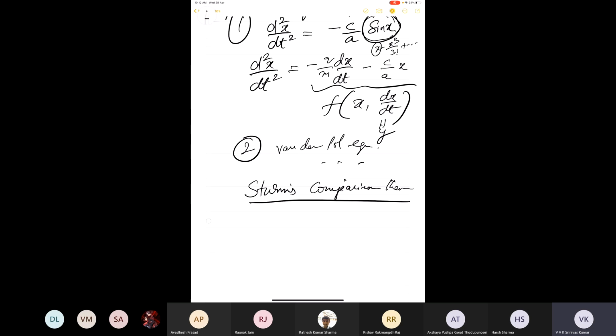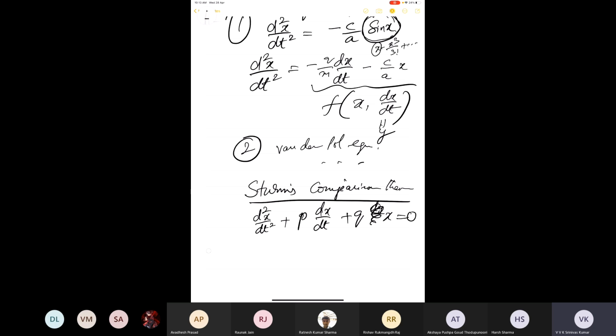These are comparing the solutions of, if we have a second order differential equation, d square x upon dt square plus p times dx upon dt plus q times x is equal to 0.